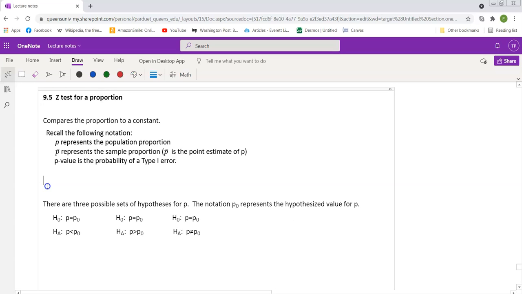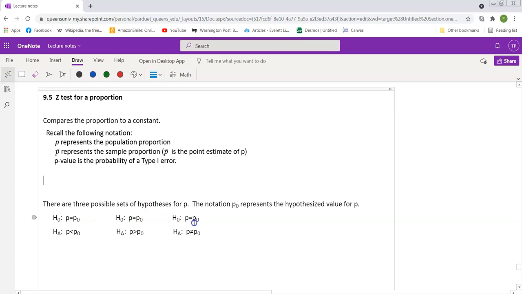So just like before, there are three possible sets of hypotheses for this test. P naught is the hypothesized value, and this will always be a value between 0 and 1 because proportions always have to be between 0 and 1 or 0 and 100%, same thing.